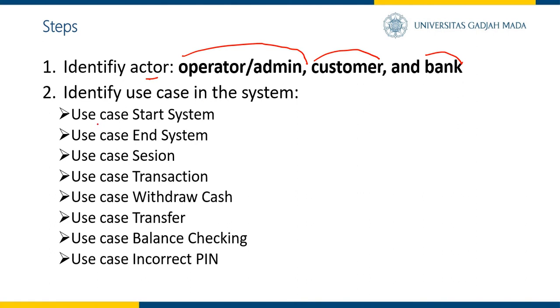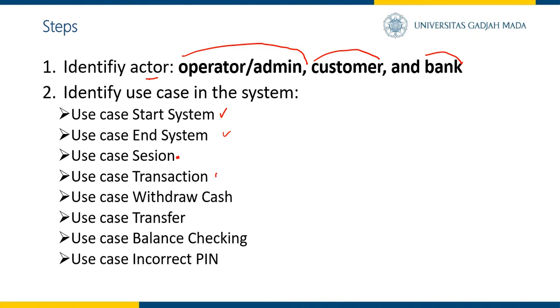Next, after we identify the actors, identify the use cases in the system. What are the activities that will be involved in the ATM system? Start and end system, like turn on the system and turn off the system, and then the session, like when someone is entering the ATM machine, and so on.